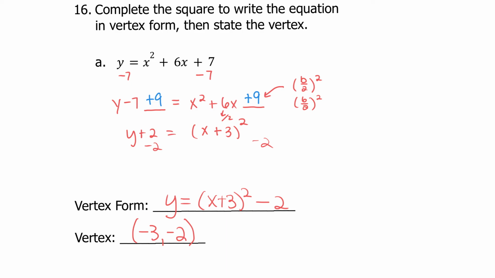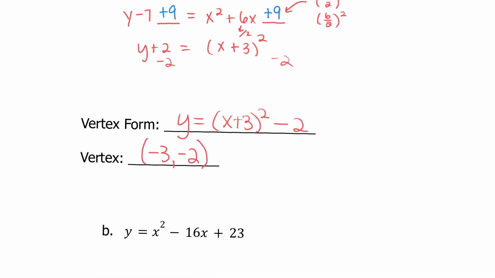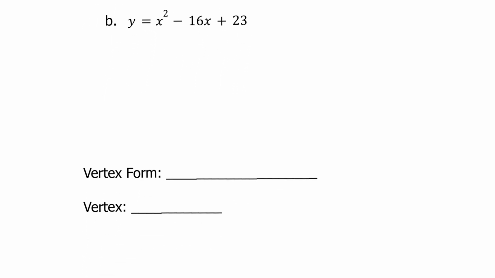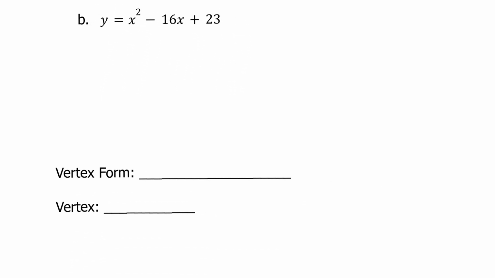Okay, let's try this last one. We're completing the square again. Okay, so we're going to subtract 23. Y minus 23, leave a space, equals x squared minus 16x, leave a space.